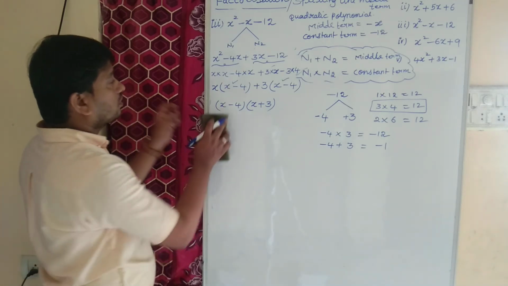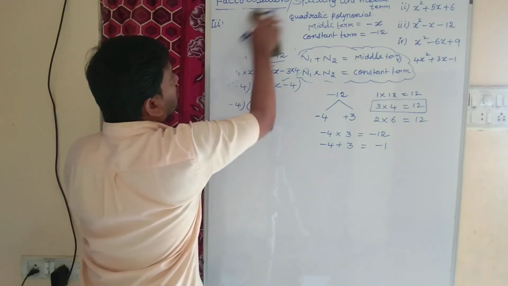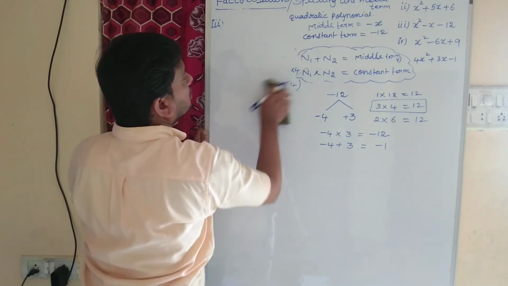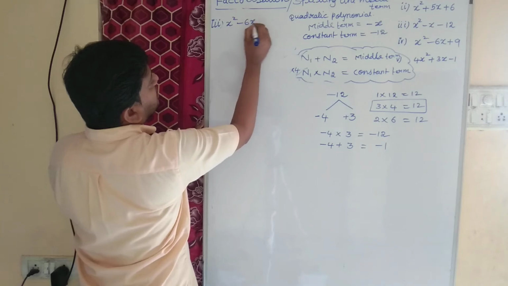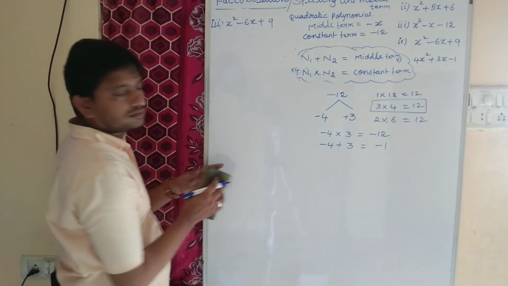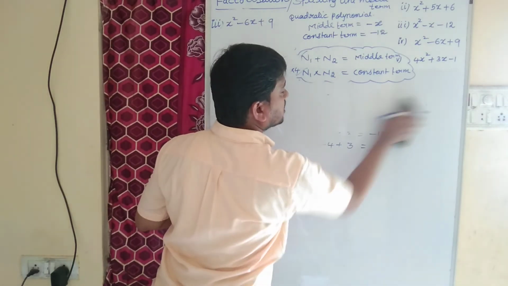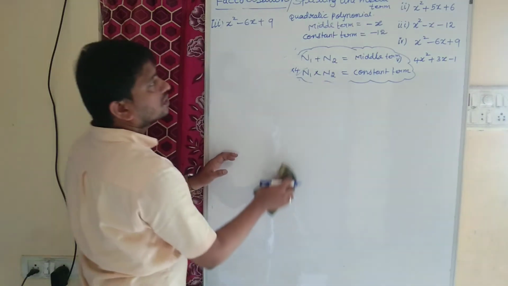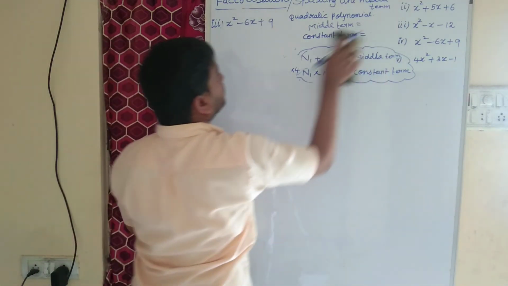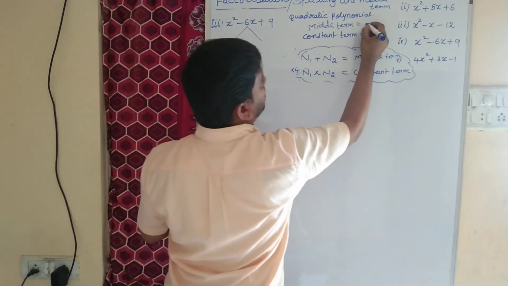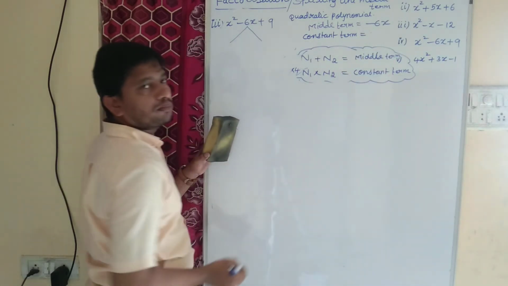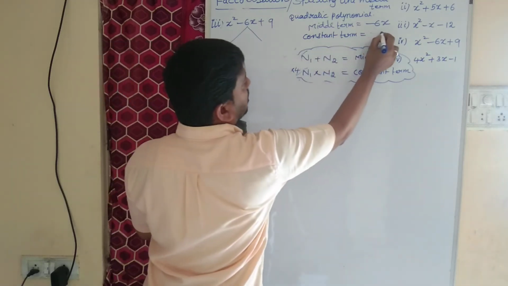Now coming to one more example. x square minus 6x plus 9. Students, here what is the middle term and what is the constant term? The middle term is minus 6x, which we have to divide into two numbers, and the constant term is 9.